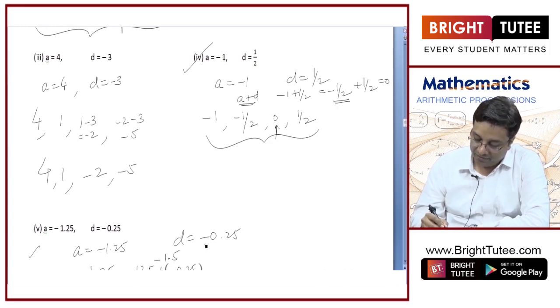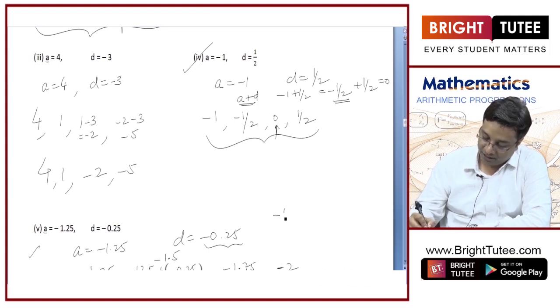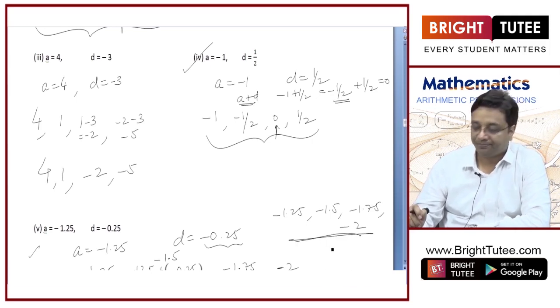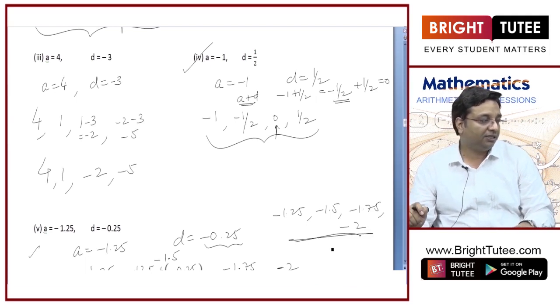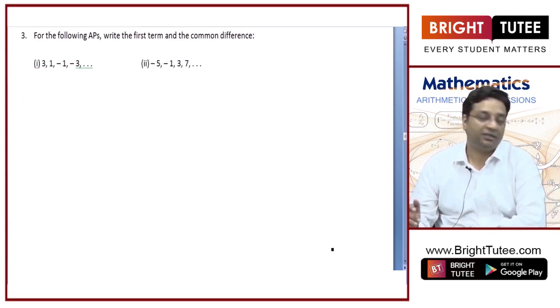And if I add minus 0.25 in it, it will become minus 1.75. Similarly, next term will become minus 2. So the first 4 terms are minus 1.25, minus 1.5, minus 1.75 and minus 2. These are the required 4 terms.